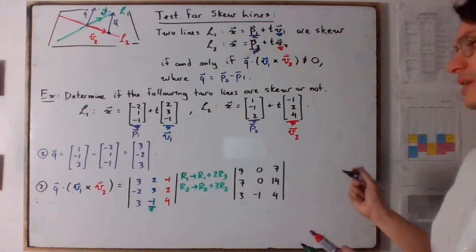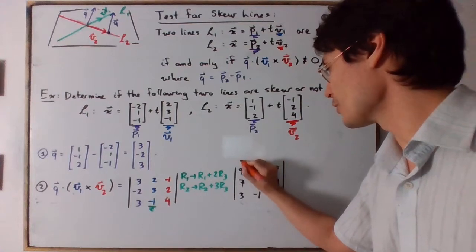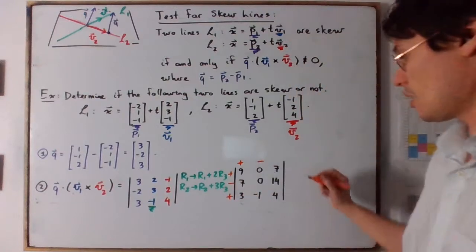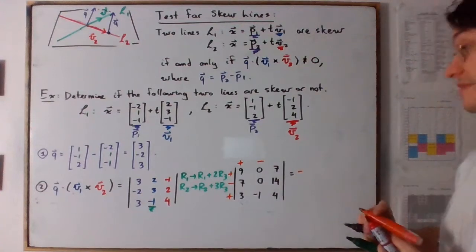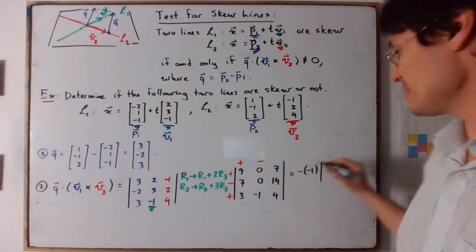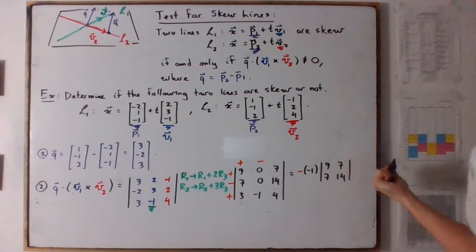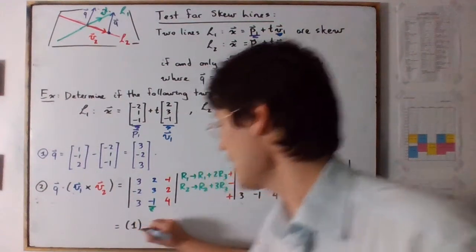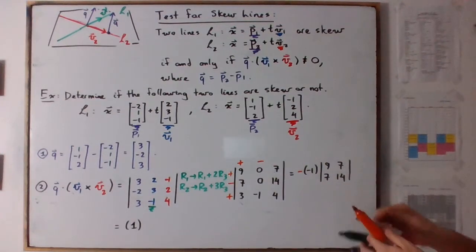Let's do the cofactor expansion here because we're not losing anything. We have plus, minus, plus, which means we have the negative of -1 times the determinant of 9, 7, 7, 14. As you can see, we're almost done. Whenever you have a scalar multiple like this, let's take it out.